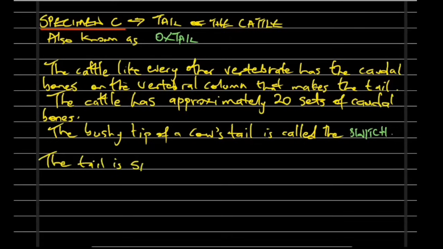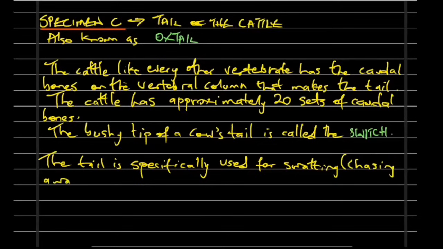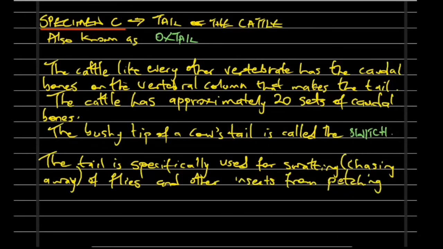The tail is specifically used for swatting, chasing away flies and other insects from perching on the back of the cattle.